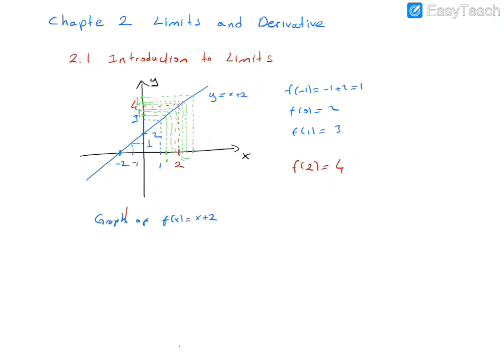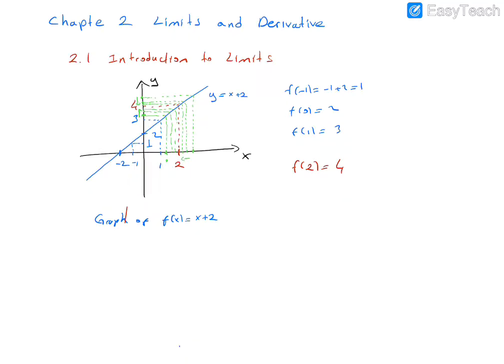So what does that mean? This graph shows us that when x gets closer and closer to 2, the value of f of x gets closer and closer to 4.